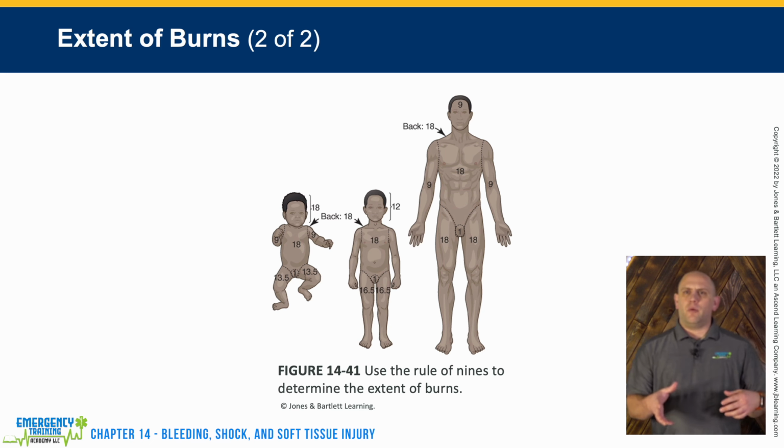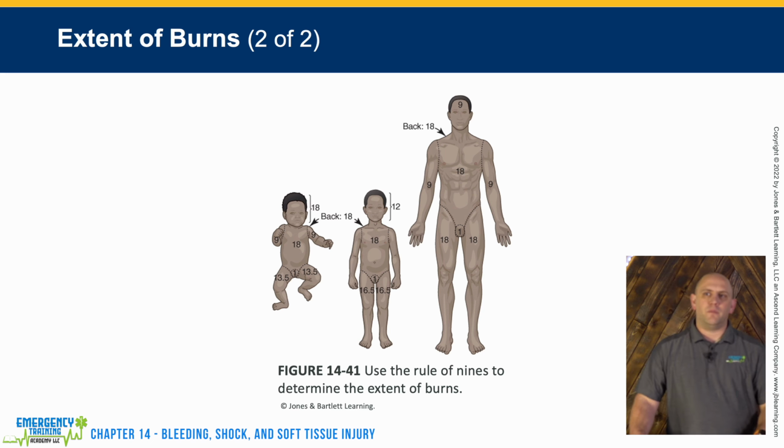So if you can't remember each one of the limbs and the 9%, and then it's different for the kids where their head is 12%. So if you can't remember the breakdown of this rule of nines, then we can also remember that Palmer method, looking at the patient's palm equals 1% and then calculating it out from there.